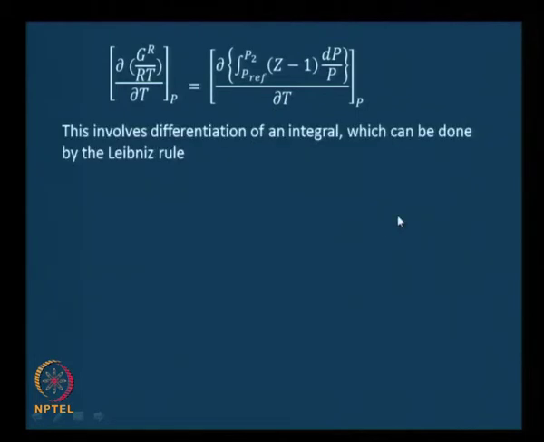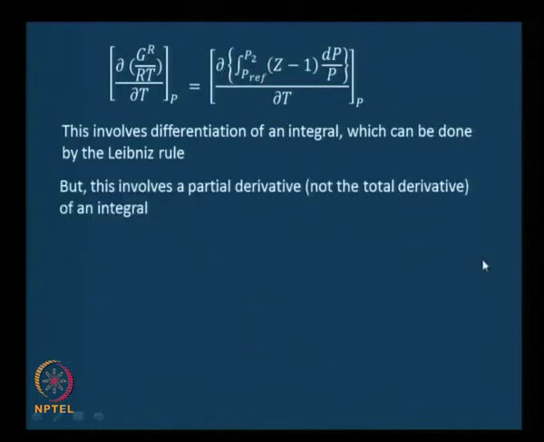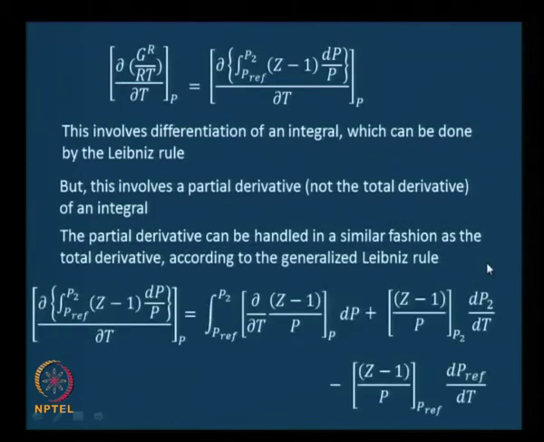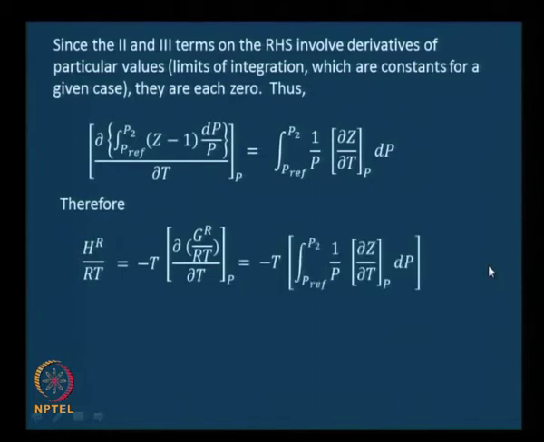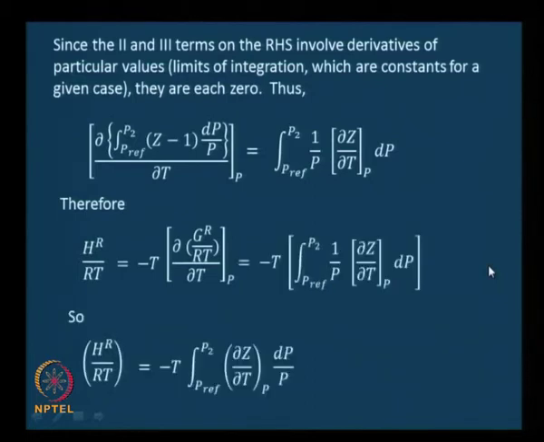For doing that, we used the generalized Leibniz rule, which gave us a means to differentiate or partially differentiate a definite integral. So after doing all that, we ended up with Hr by RT equals minus T integral of P reference to P2 dou T of Z at constant P into 1 by P dP.